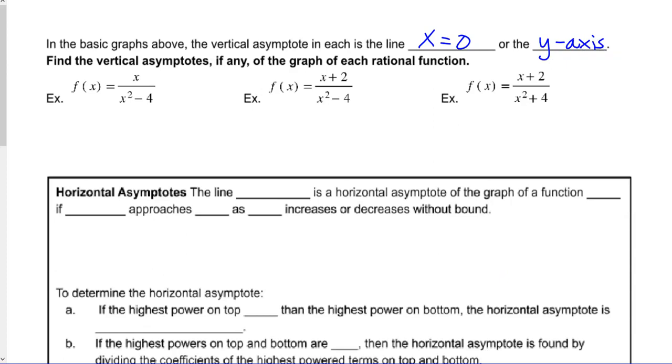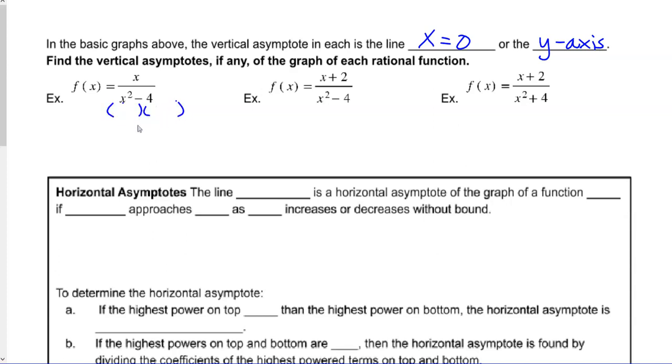Okay? All right, so looking at these functions, which are very similar to the other ones that we had before, notice here, and we're going to add a piece here, that I need to make sure that I have everything simplified before I denote an asymptote, okay? So for this first one, this is x squared minus 4.